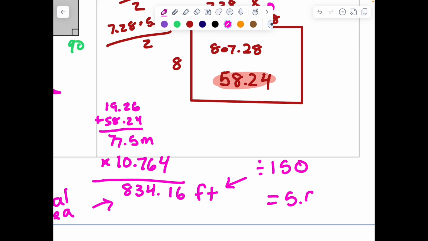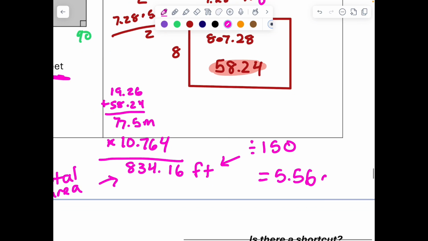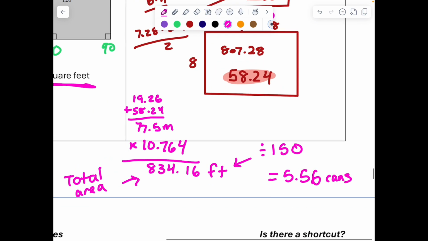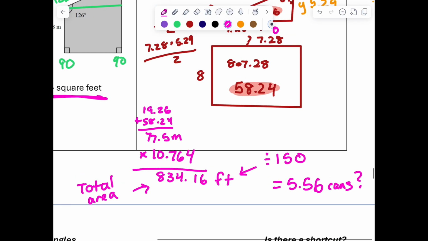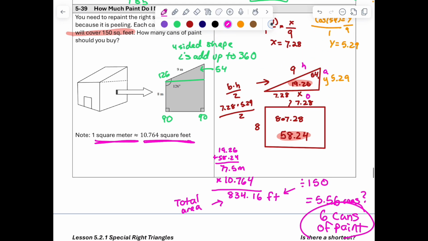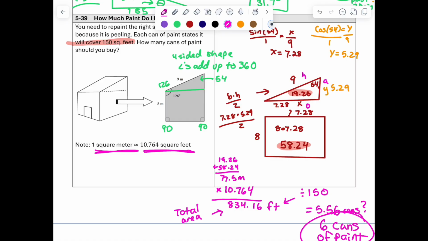That equals 5.56 cans of paint. However, can you buy 5 and basically a half cans of paint? No, you have to buy whole cans of paint. So this will be 6 cans of paint that we'll need to buy. And that is what we have for word problems.